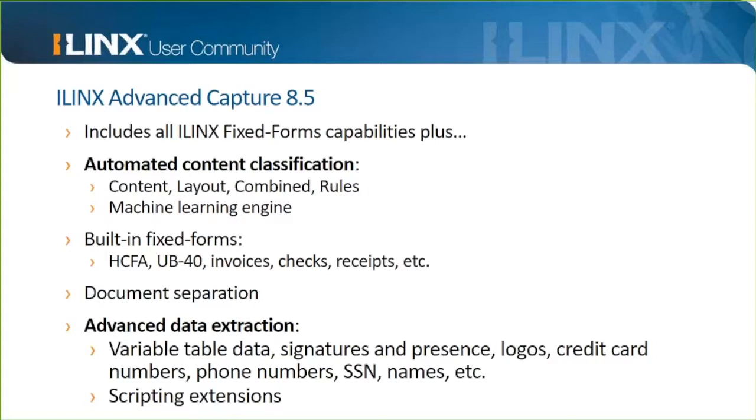The system has a built-in database of several hundred thousand names that it can look at if you tell it this is a name field. Also, we have some scripting extensions. So if you need to do something really fancy with the data, you can drop into some scripting as the engine is processing these pages and make your own decisions and tell the engine what to do, or maybe you need to augment that data as it's passing through.